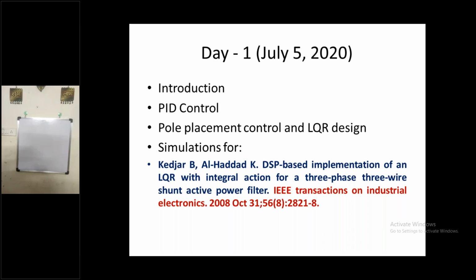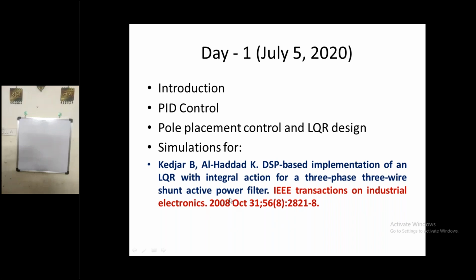We took the integral of the states we want to track, which we call LQRI, linear quadratic regulator with integrator. So the integral action of the particular state was considered for tracking, and we could replicate the results. I gave you the skeleton code as well, and most of you could do this and replicate the results in this paper.